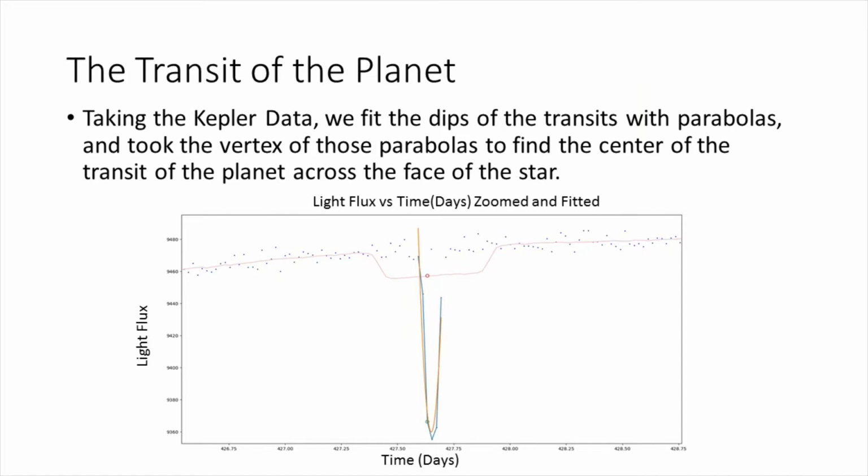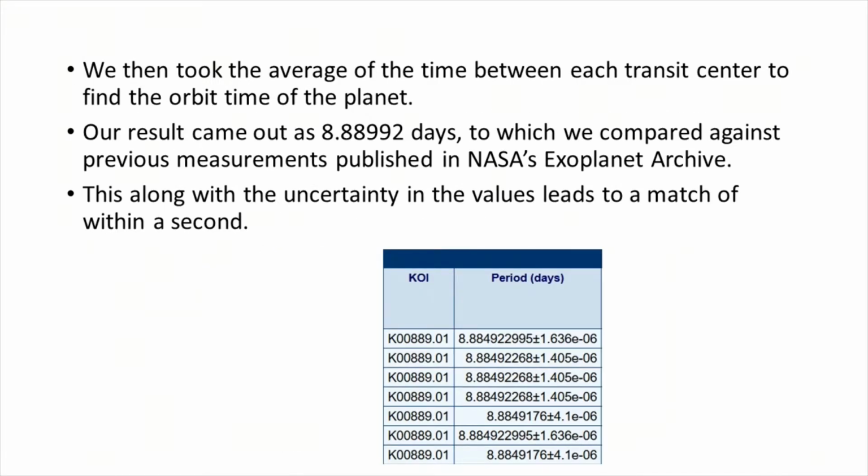Taking the Kepler data, we fit parabolas into each of these transit dips and took the vertex of those parabolas to represent the center of the dip, or the center of the transit of the planet across the face of the star. We then took the average of the time between each of these transit centers to find the average orbital time of that planet around said star.